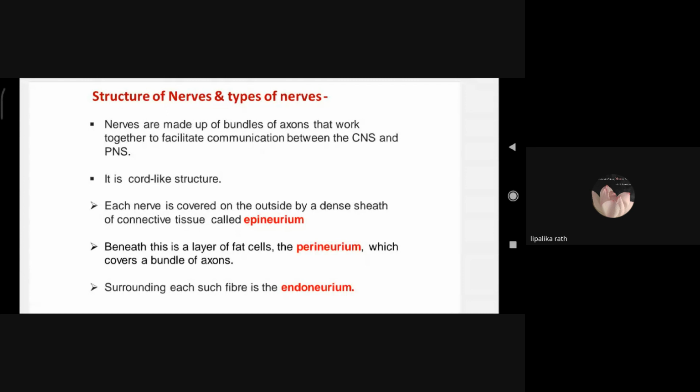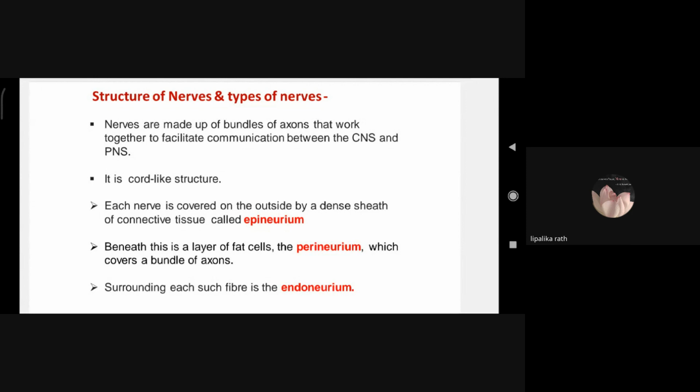Anywhere in anatomy and physiology, the outermost layer is epi, and the innermost layer is endo. And if it is related to muscles, then the word myo will be added. Here it is related to neuron, so neurium: epi, outermost.